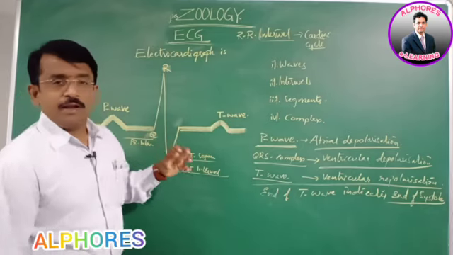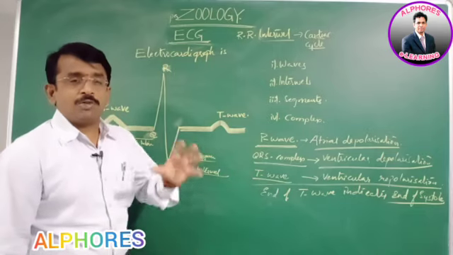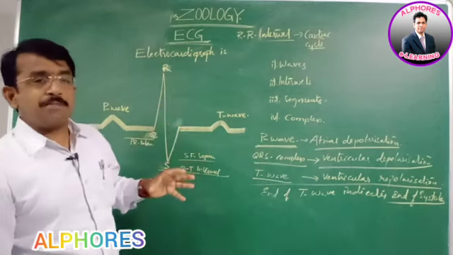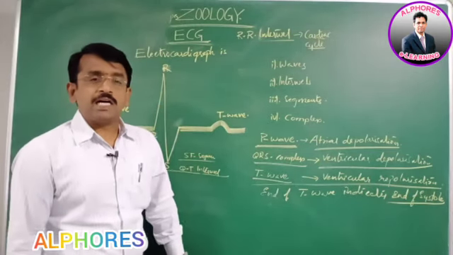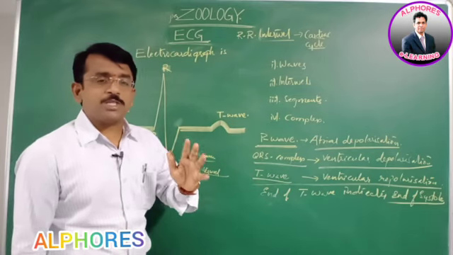Generally, every wave and complex has certain values, and any abnormality shows in the electrocardiogram, the record of the ECG.